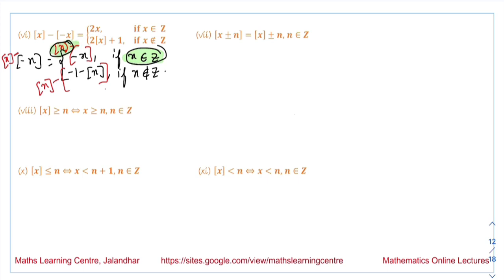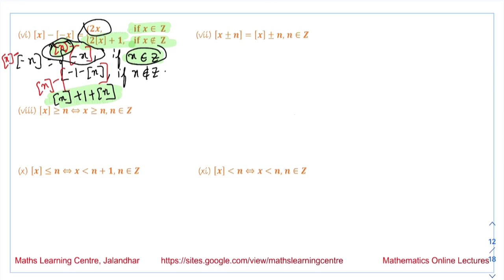We are saying when x belongs to Z, greatest integer of x is equal to x. So this numerator becomes 2x, and the denominator is greatest integer of x plus 1 plus greatest integer of x. So this total value will become 2 times greatest integer of x plus 1. So this is the formula that we are getting from this.